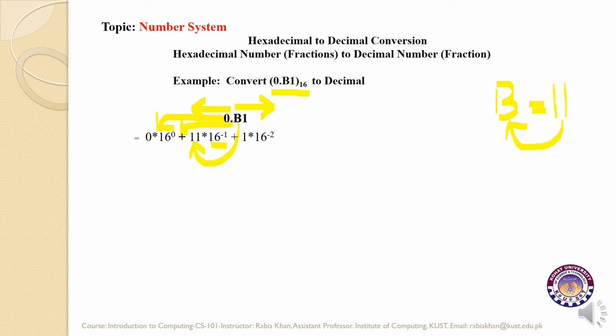The next digit is 1. 1 is multiplied by 16, and the power of 16 is -2. And in this way, the fractional part moves on from left to right. If another digit were there, it would be multiplied by 16 with the power of -3. So after clearing up the powers, this is the answer.